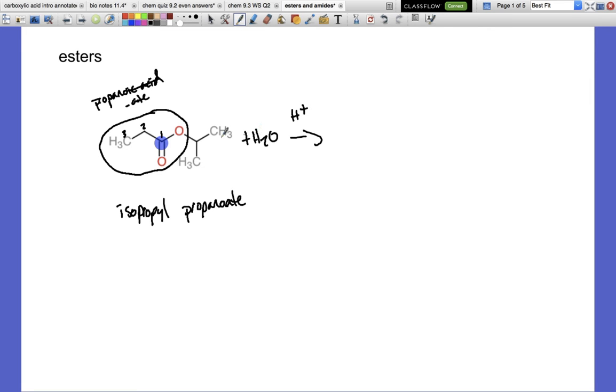But I'm going to bring in this water to break this apart. And again, all I'm doing is taking this thing and dividing it into two pieces. That came from my carboxylic acid. The other part, that's just 3 carbons right now, came from an alcohol.